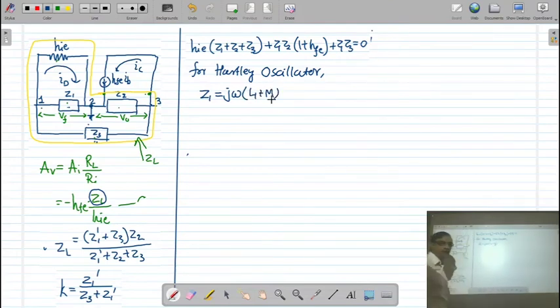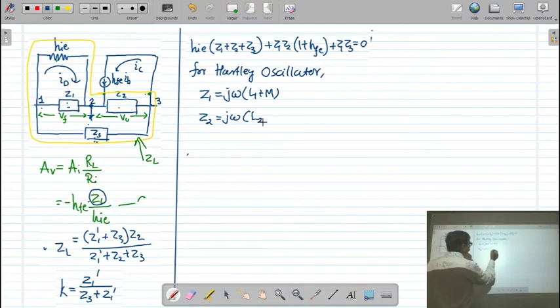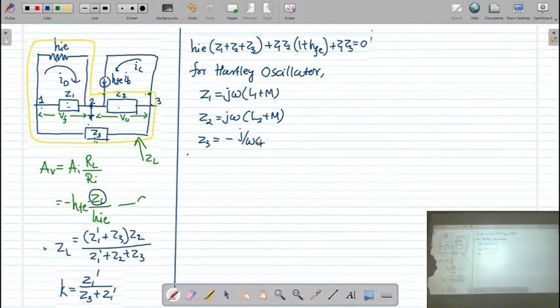We have to consider the mutual inductance also because due to the mutual inductance, the EMF is produced in another inductor. So Z1 is j omega (L1 plus M). What is my Z2? It is also an inductor. So it is j omega (L2 plus M). And what is Z3? It is a capacitor. So minus j by omega C is there.